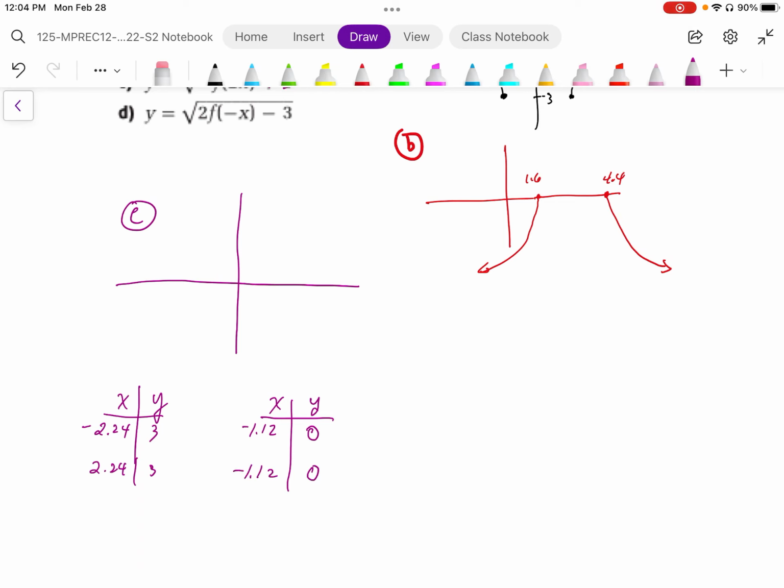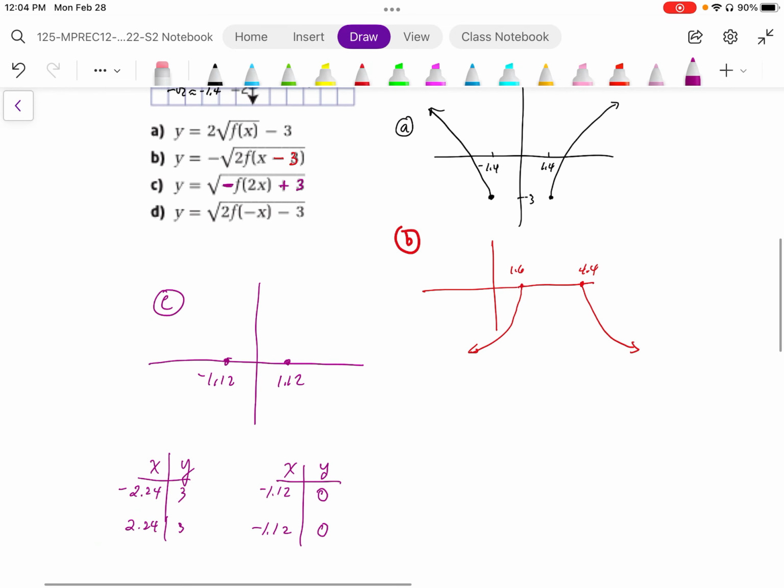So basically my references are going to be at about 1.1 and negative 1.1, and I know that this graph was flipped upside down first, before I compressed that function.